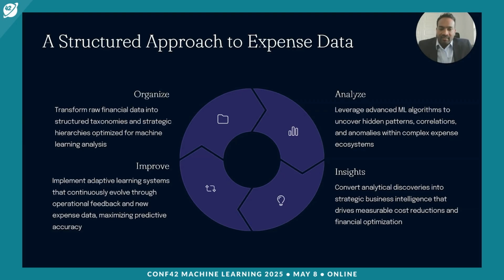After your initial analysis, you can generate insights and discoveries using strategic business intelligence tools like dashboards, or even simple analysis tools like Excel, to help you make strategic decisions which drive measurable cost reductions and financial optimization. Once you make your decisions, you can input them back into the model to make it better. So let's just go a little deeper here.